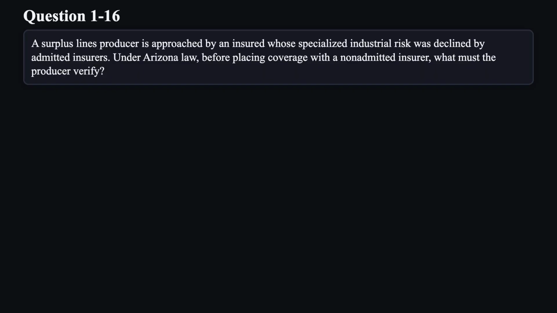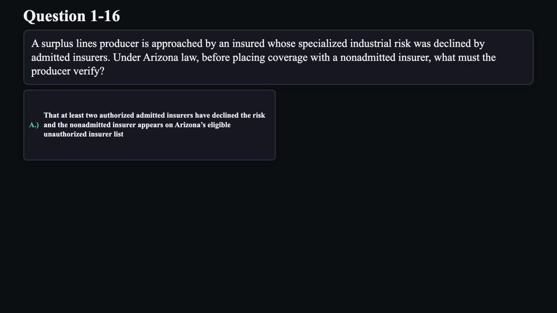Question 16. A surplus lines producer is approached by an insured whose specialized industrial risk was declined by admitted insurers. Under Arizona law, before placing coverage with a non-admitted insurer, what must the producer verify? A. That at least two authorized admitted insurers have declined the risk, and the non-admitted insurer appears on Arizona's eligible unauthorized insurer list.